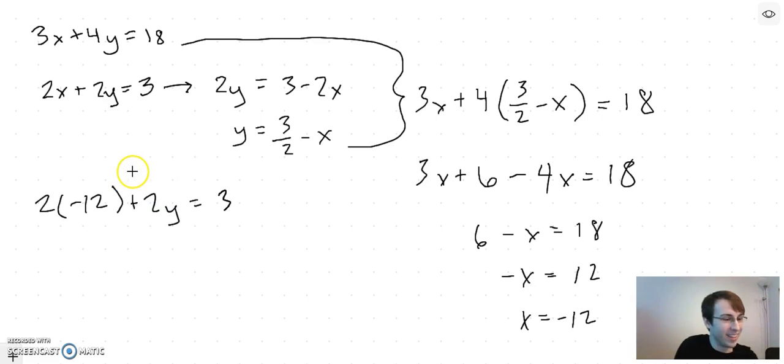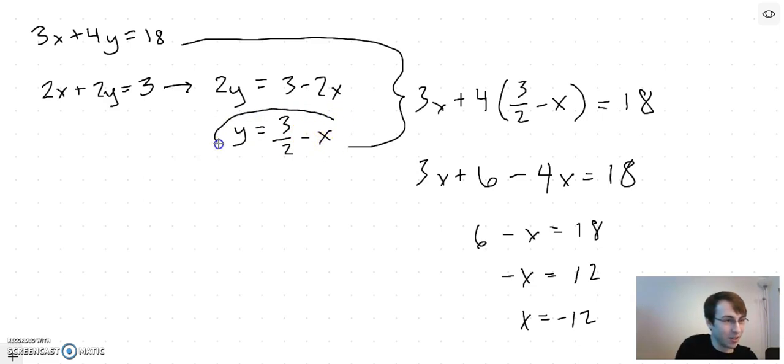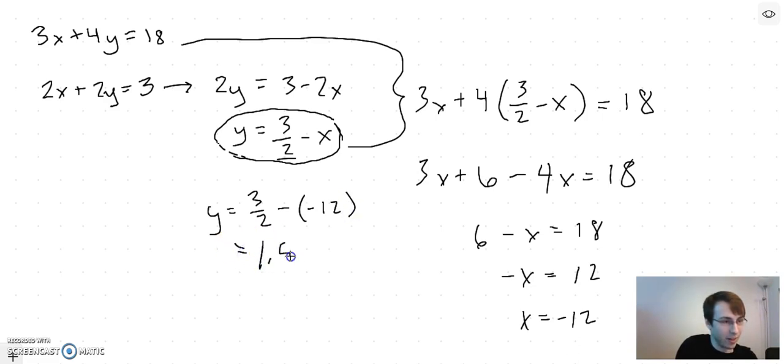Actually, I'm being silly right now, because we already have y right here. So we can just sub it back into there. So y equals 3 halves minus negative 12 equals, I'm just going to write this 1.5 plus 12 equals 13.5.